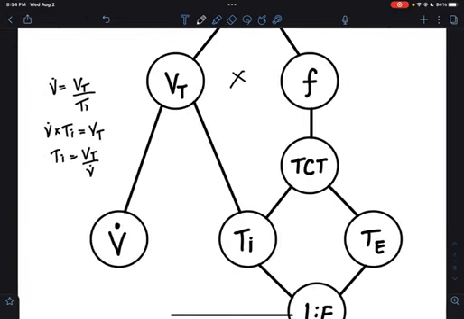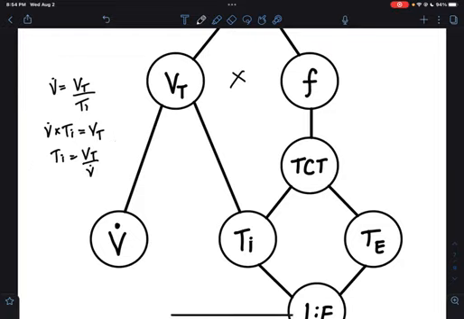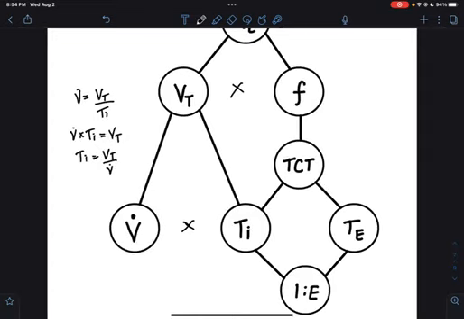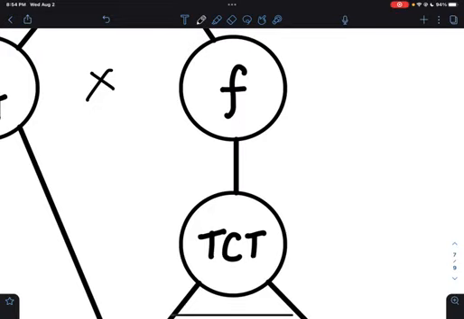So here are the equations when you isolate each one. You can just put that X right there. Flow times time will get you your tidal volume. And then on the right side, we have frequency. It's made up by your total cycle time.